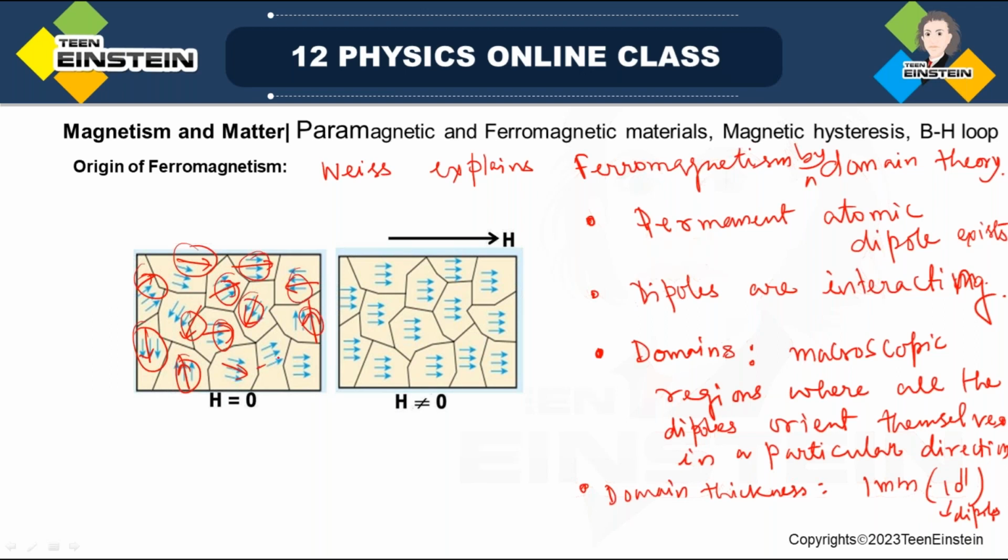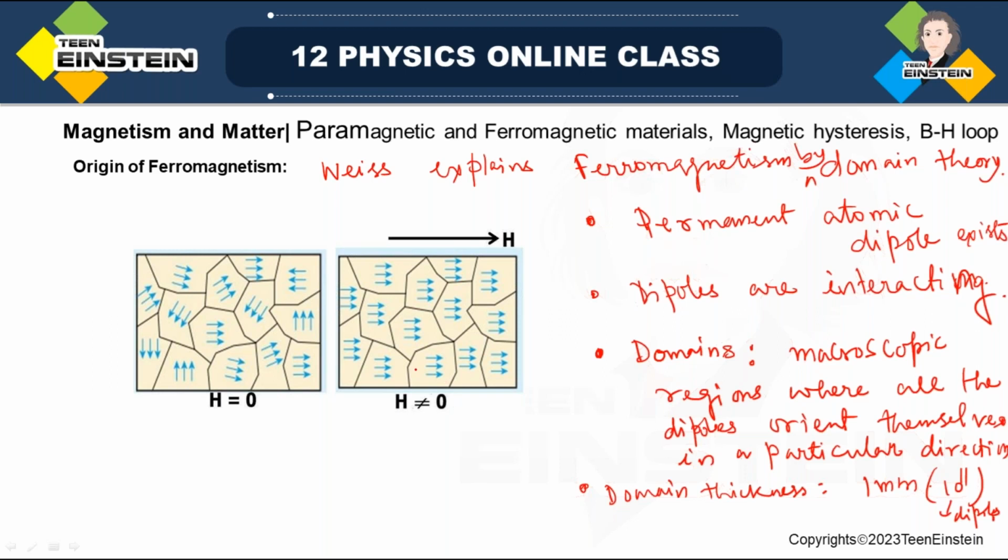So due to this thermal agitation, these domains are not oriented in a particular direction. They are oriented in a random direction, as you see here. Each domain will have a net dipole moment, but these will be oriented randomly due to thermal fluctuation.